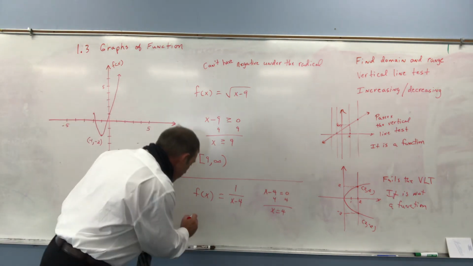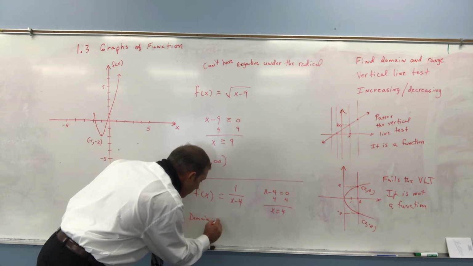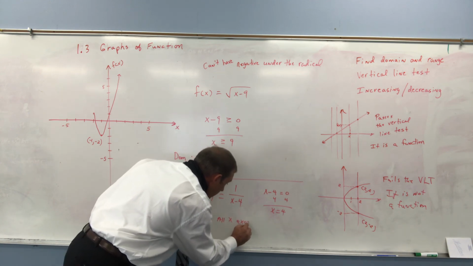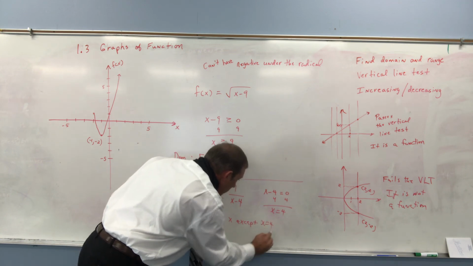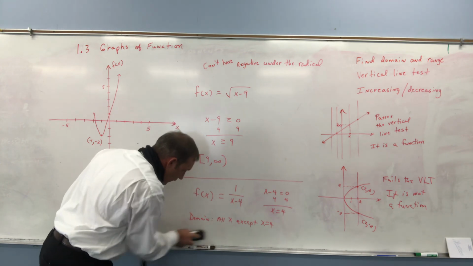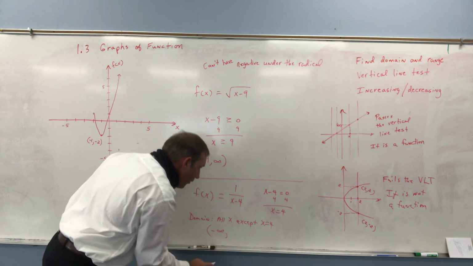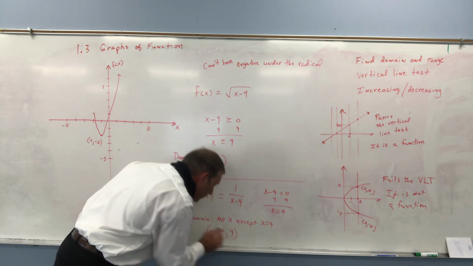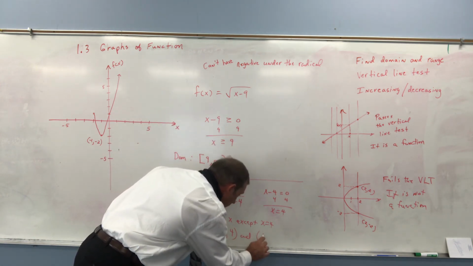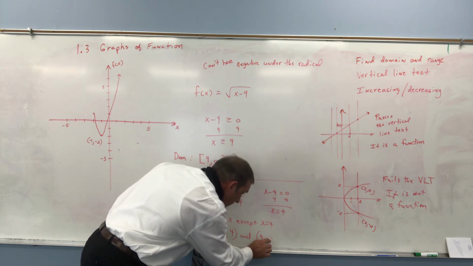So we can say that the domain is going to be all x except x equals 4, or we could use interval notation, and we could say from negative infinity all the way up to 4, but not including 4, and from 4, not including 4, to positive infinity.